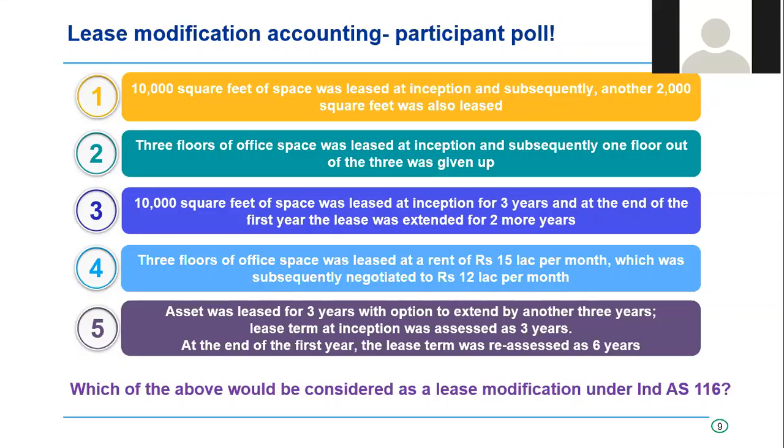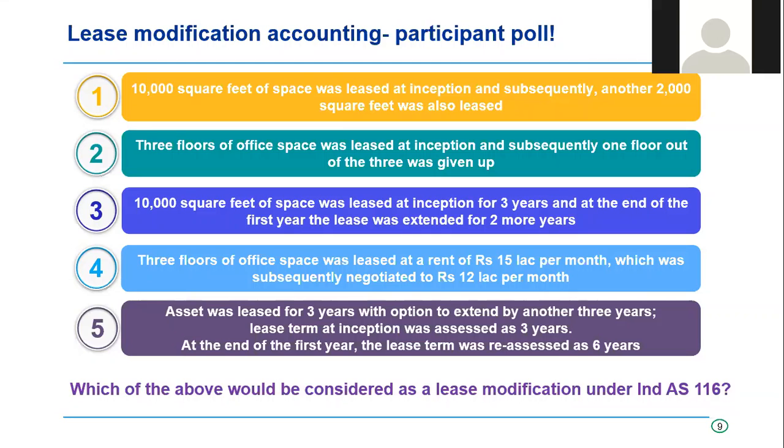In the first case, we said 10,000 square feet at the beginning, another 2,000 square feet were leased. Now, if this additional lease of 2,000 square feet was not a part of the contract, this is an example of a lease modification. In the second case, we said 3 floors of office space was leased at inception, 1 floor was given up. If the option to give the floor up was not a part of the original contract, then this, friends, is an example of a modification.